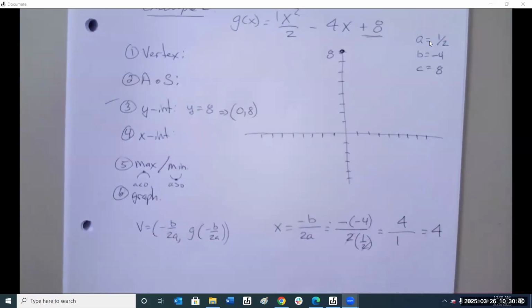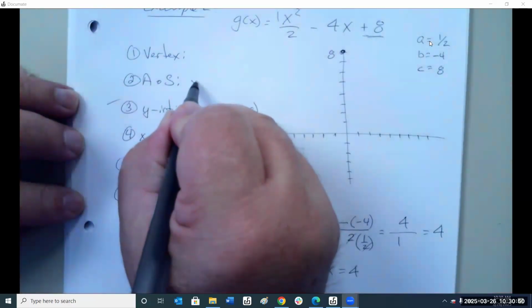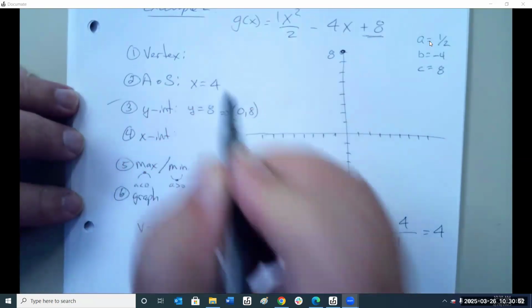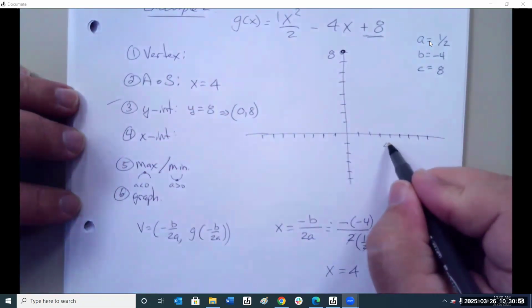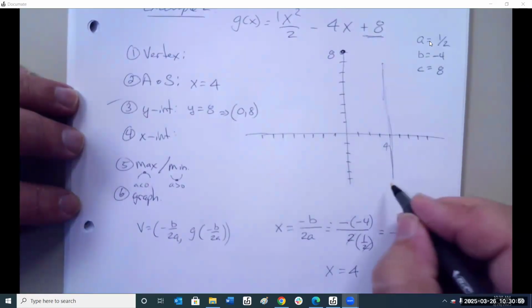So the x value is 4. That's the axis of symmetry. So on this line is our axis of symmetry.